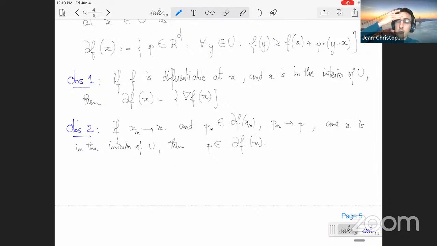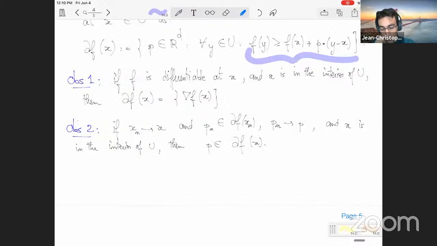And I write x is in the interior of U because I just want to know that f is continuous at x. So the proof is you just write this relationship with x_n and p_n, and then you pass to the limit. So it's immediate. And we know that f is continuous in the interior. So that's also clear.